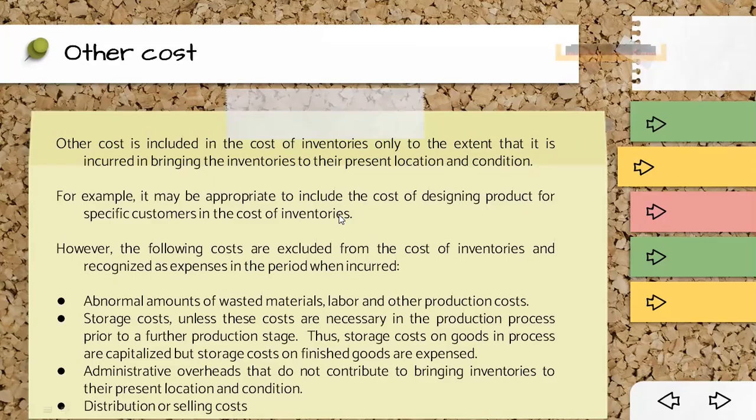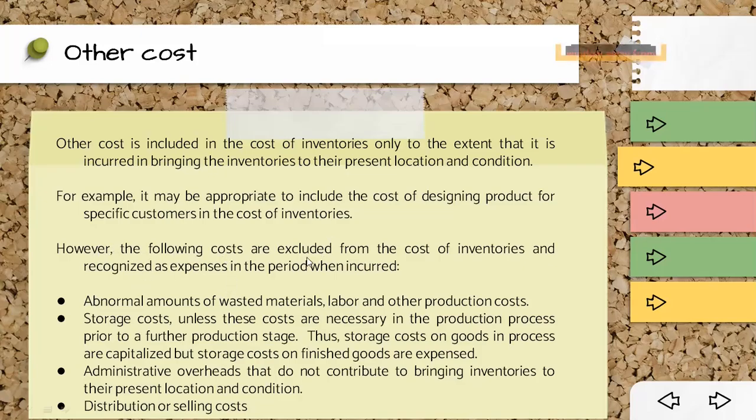Since that particular design is intended for a specific customer, then you can include the cost of designing the product to the cost of the inventory because you cannot anymore use it for future production kasi it was designed specifically for a certain customer. So yung cost ng pag-design ng product na yun, i-charge mo sa cost of inventory.